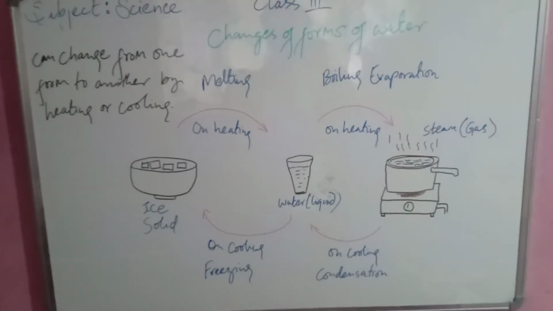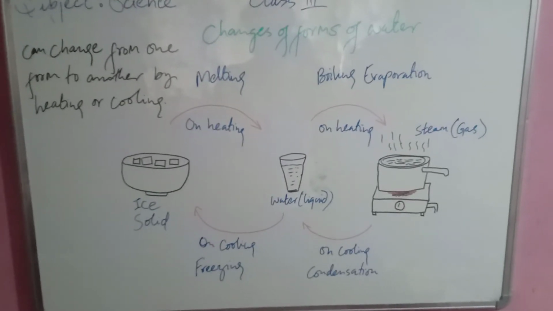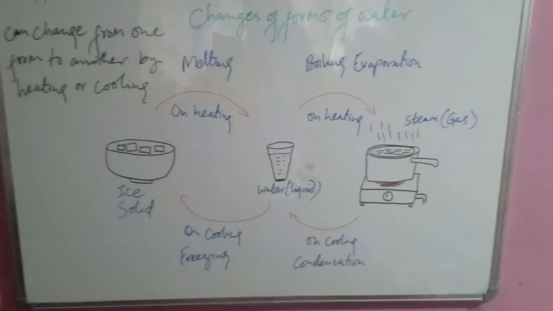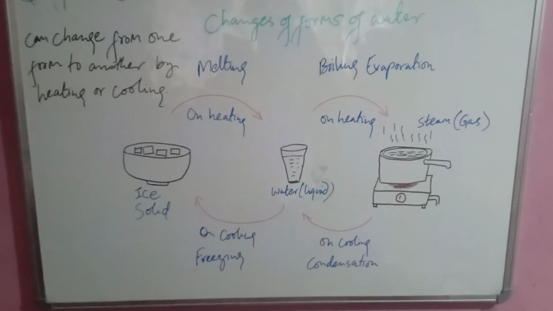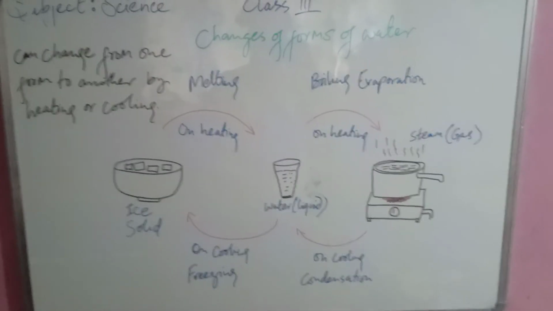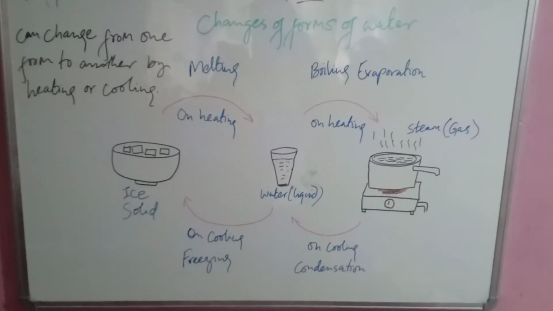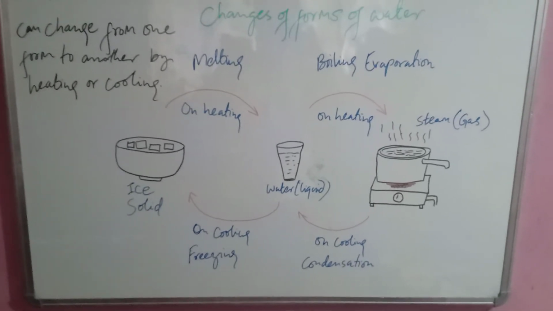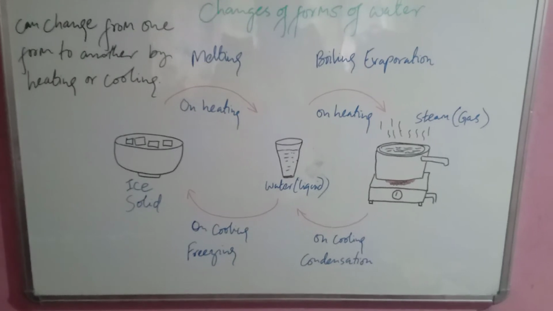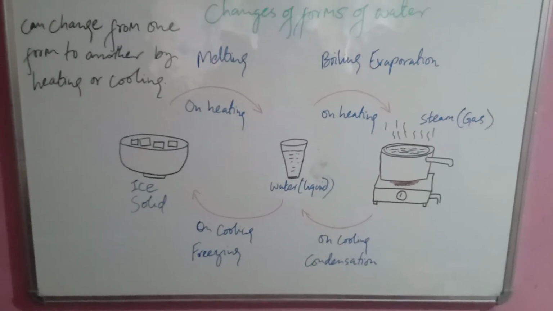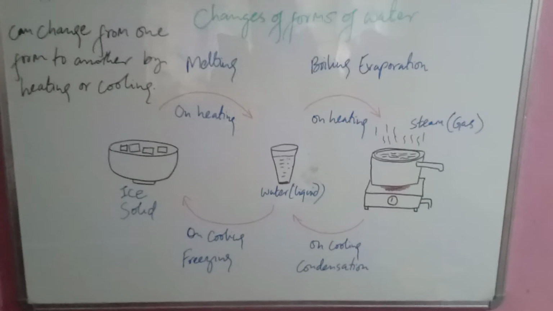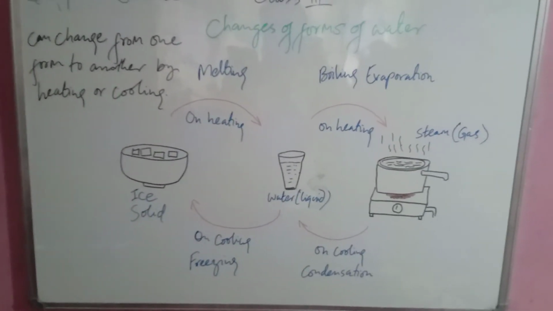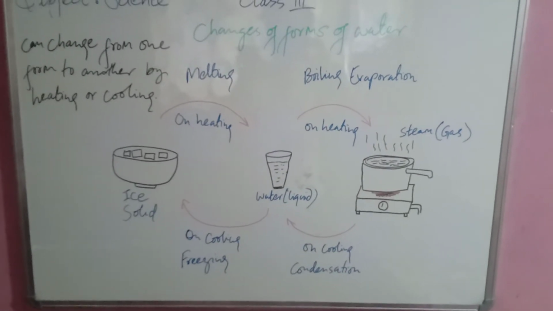By cooling that water, which is called condensation, we will get a liquid again, and by again cooling or freezing that liquid, we will get ice cubes, which is a solid form. So this is how melting, freezing, boiling, evaporation, and condensation work, and matter can change from one form to another by heating or by cooling.